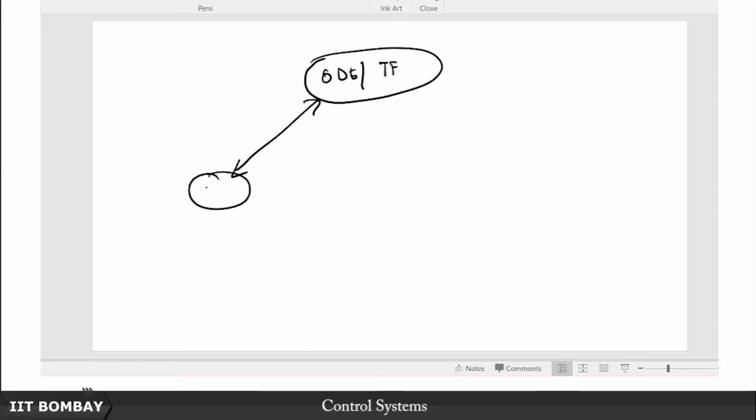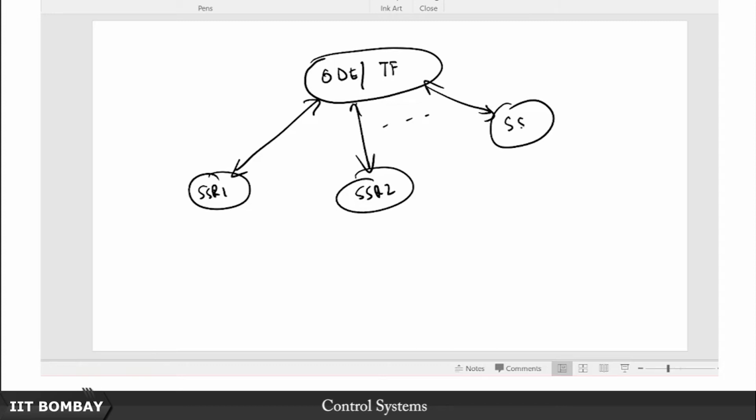You can have a state space realization 1, you can have a state space realization 2, likewise you can have a multitude of state space realizations. It turns out you can have an infinite number of state space realizations, that is what I had claimed.